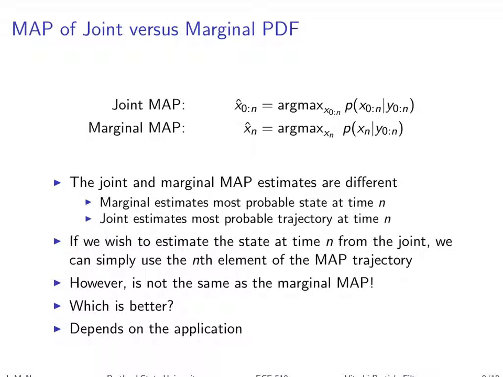And that is not the same. That's different in concept, and it's a different thing than asking the question, what is the most probable state at time n given all the measurements? These are conditional on the same things, but this is the big multidimensional joint posterior, and this is just the marginal posterior. So they're different.